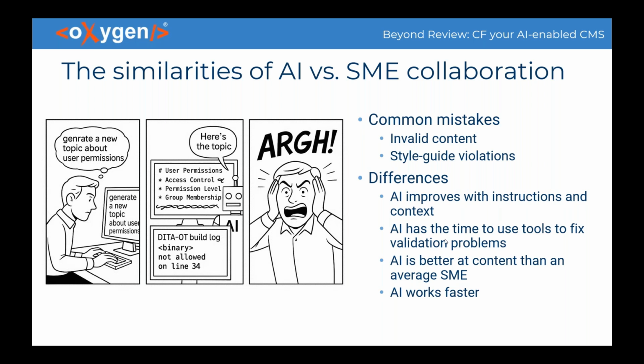Also, AI has a lot of time to use tools to fix validation problems. In general, newer AI models also know a bit of DITA, more than an average SME, who never heard about that. And another thing is that AI works faster, which means you also have to review its output faster.